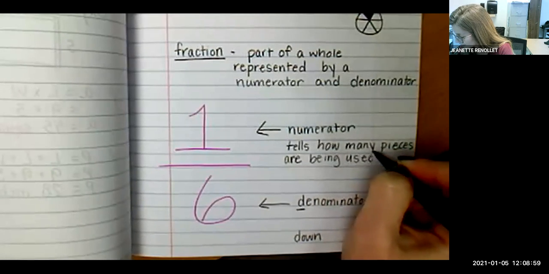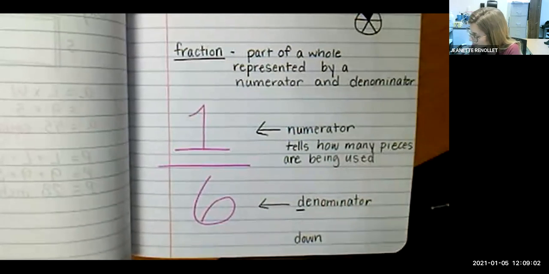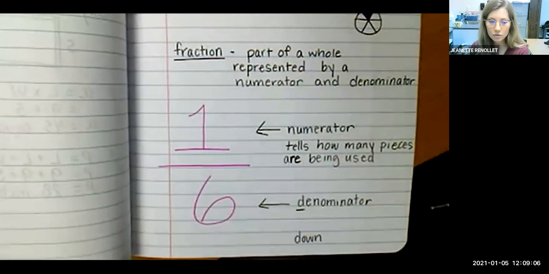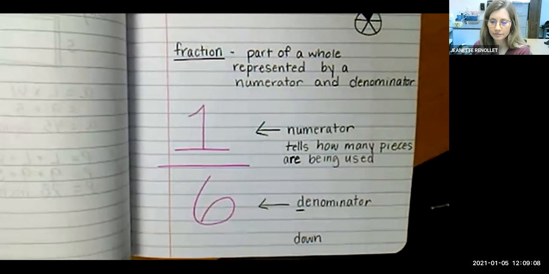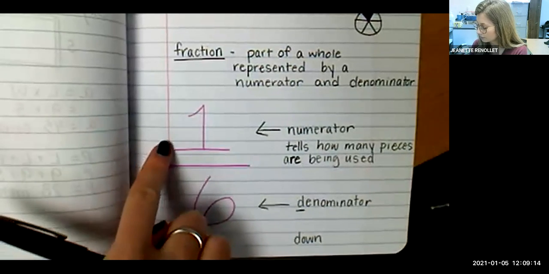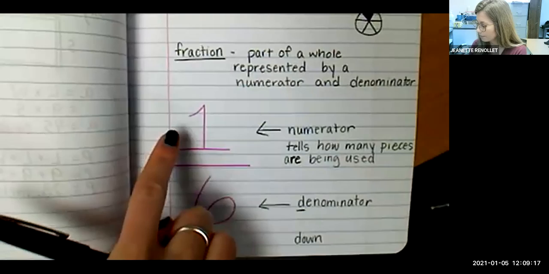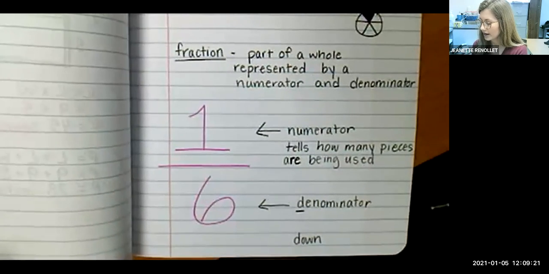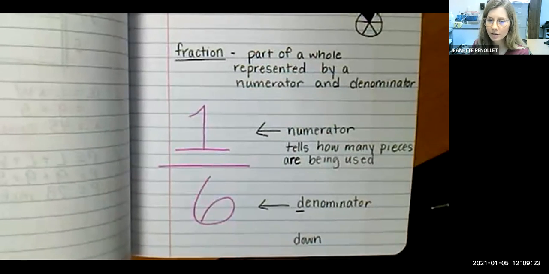A numerator tells how many pieces are being used. The top number tells how many pieces, how many parts are being used. Go ahead and write your definition of a numerator, please.